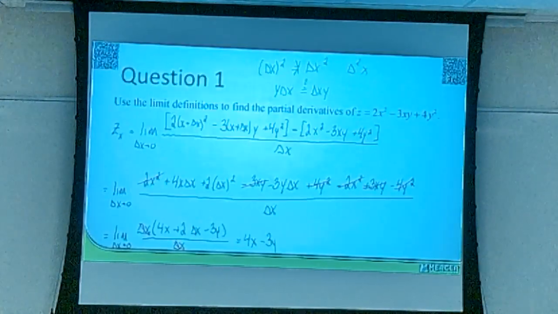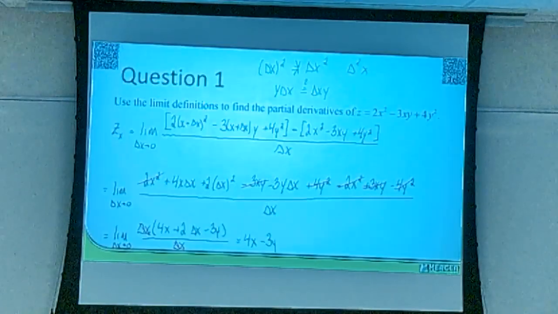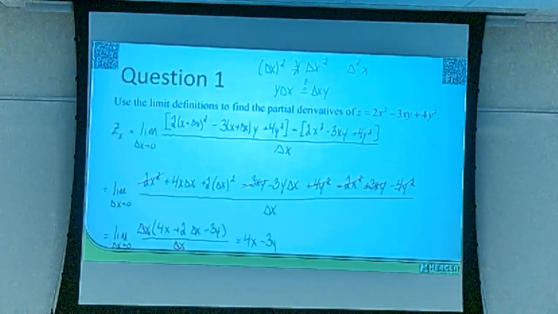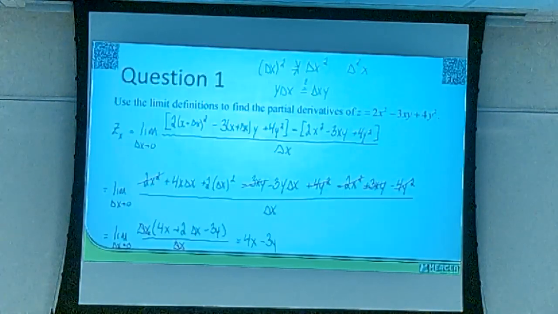Oh, yeah, okay. It's only delta, and it equals zero. I was going to say, wait, why is there a delta next to it? There's your partial with respect to x. It's just like taking the derivative in Calc 1.